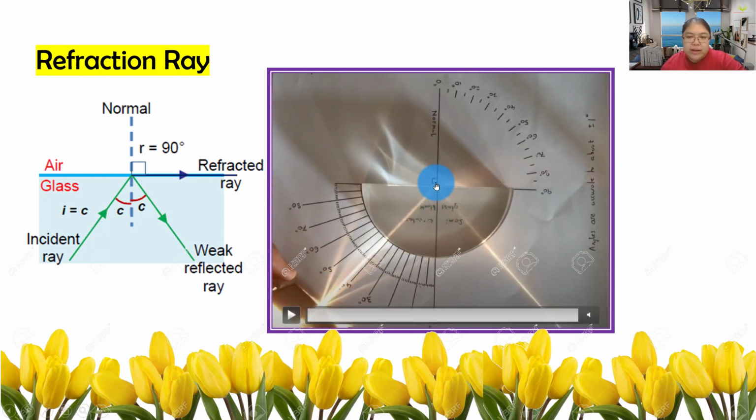This one we call the maximum. You see it exactly at the boundary. This one is still a weak refracted ray. So from here we call this the critical angle. You can see the light ray is exactly at the boundary, which means later it will come back into the glass block. This is what we call the critical angle, when the refracted angle is 90 degrees.